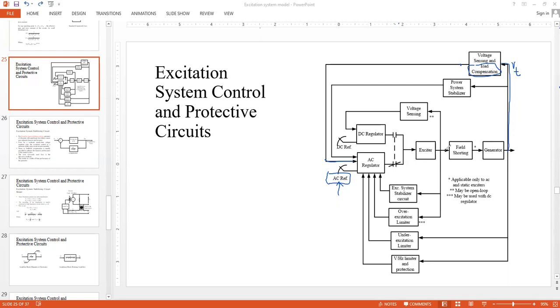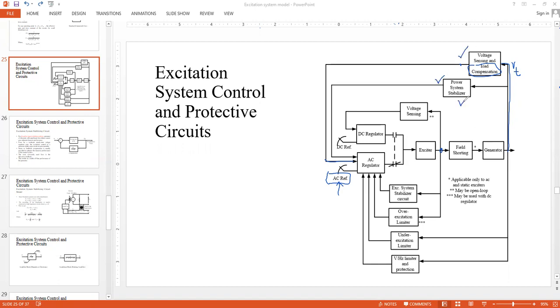Or in other words, the error could also be taken from here. That means the output of the exciter, the DC output, could also be treated here through the excitation system stabilizer, and that could also be taken into the AC regulator in the form of an error. So error could be available from different blocks, for example the power system stabilizer.